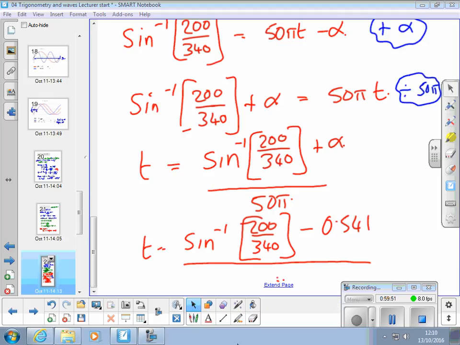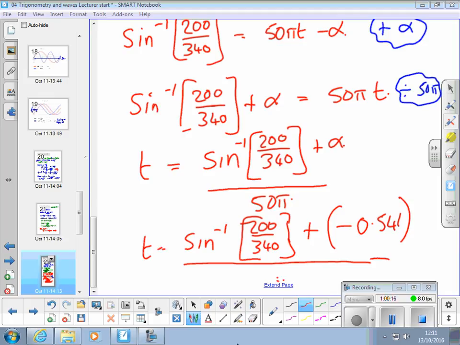It's plus, but the angle you're adding is a negative one. It's plus minus 0.541 radians. So those two overall make a negative. But do it that way if you wish.